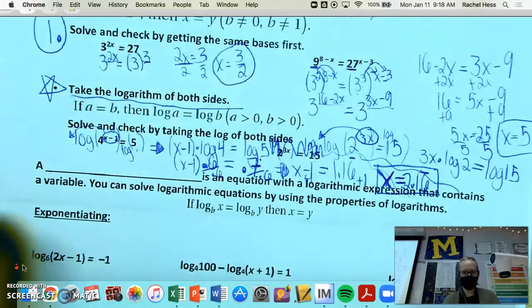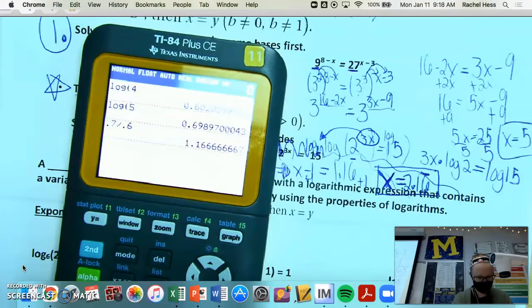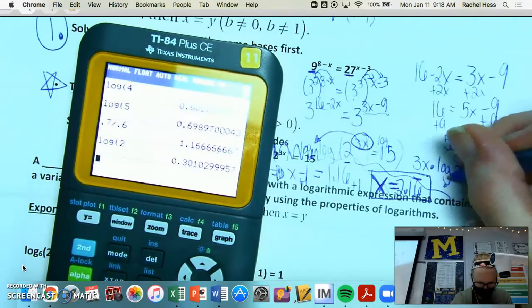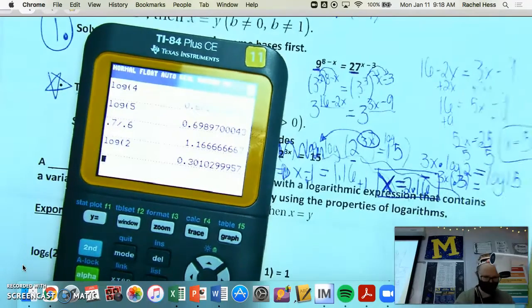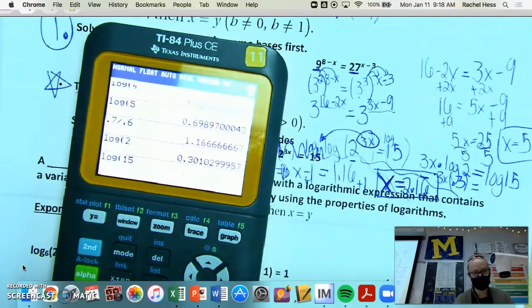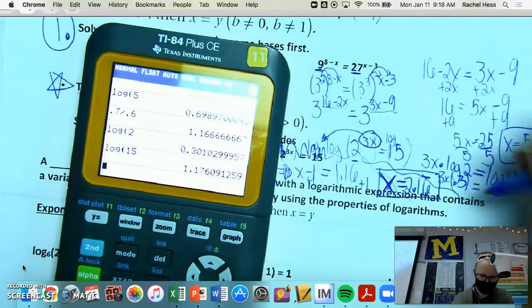I need to get my handy dandy calculator out. What's the log of 2? That's 0.3. 3x times 0.3 equals whatever the log of 15 is. So 1.2, let's just round it again.